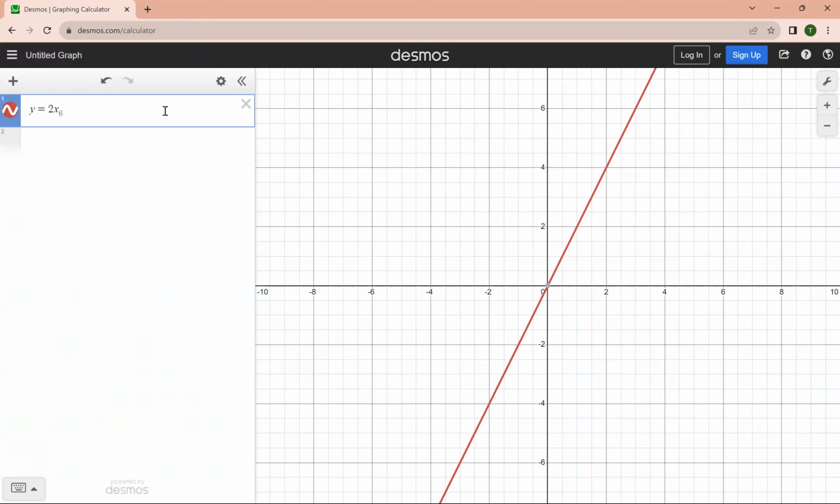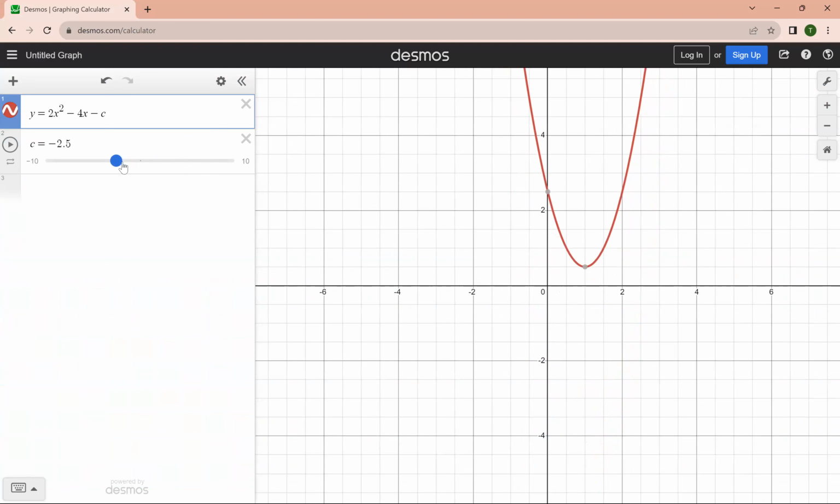Notice there are currently 2 roots. Roots means where it crosses the x-axis. And if we change this c value, you still have 2 roots, but at some point right there, you get 1 root. So when this c value is -2, you get 1 root.